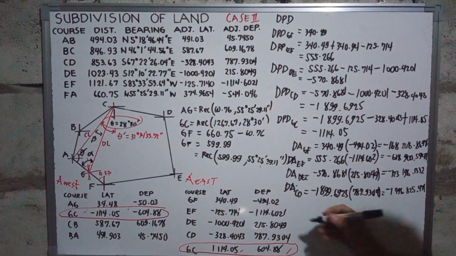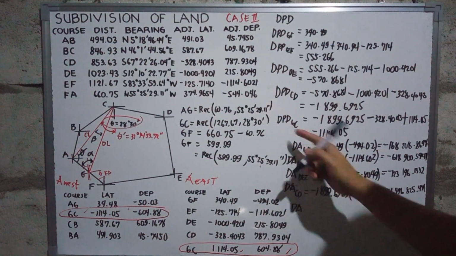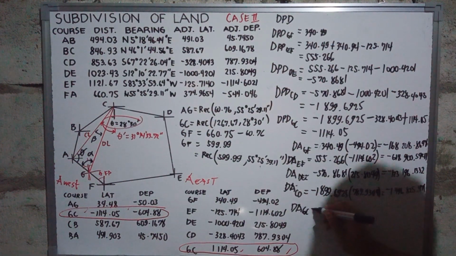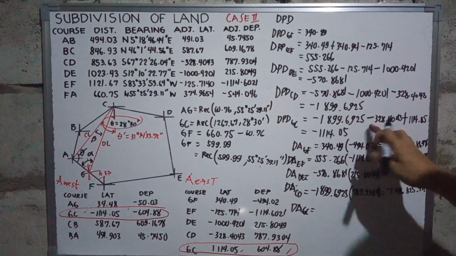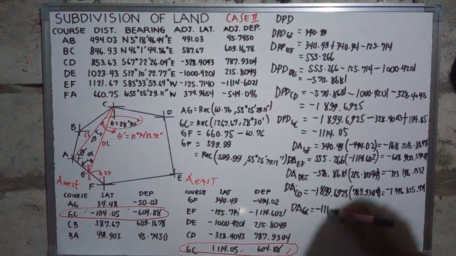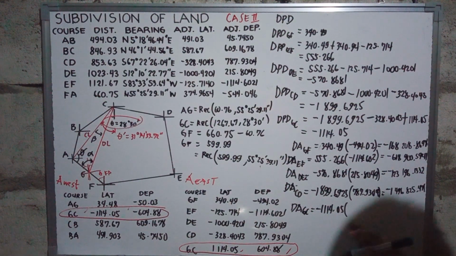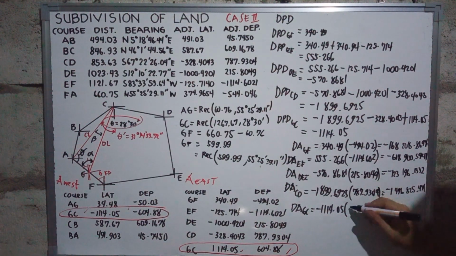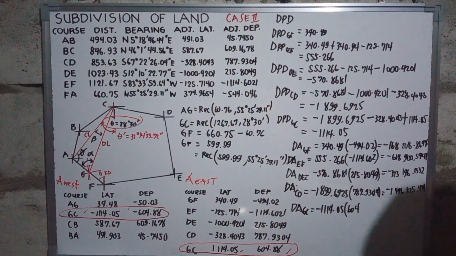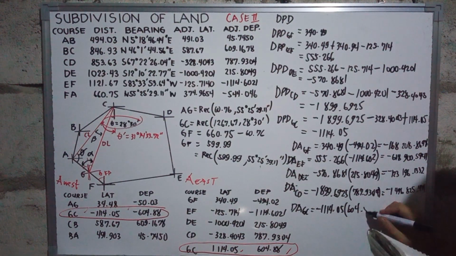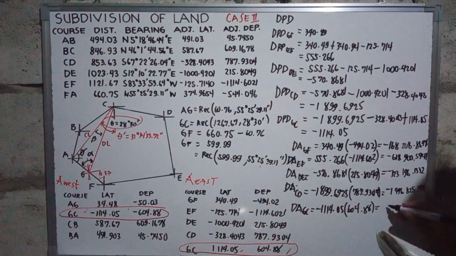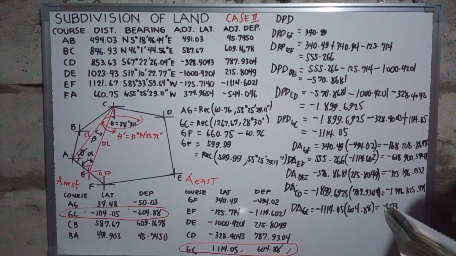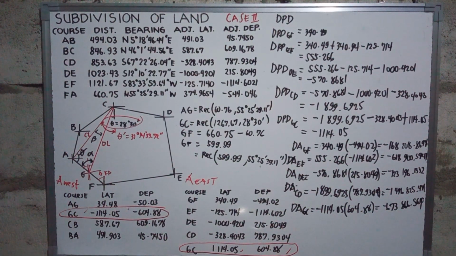Then let's compute the double area of GC. Its DPD is negative 1114.05 multiplied by the departure, positive 604.88, which is now equal to negative 673,866.564.